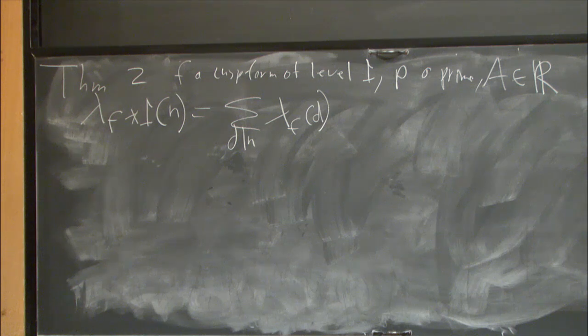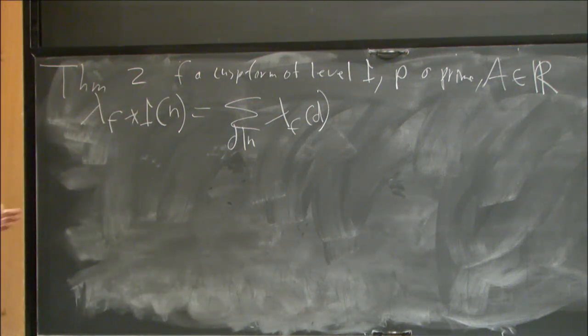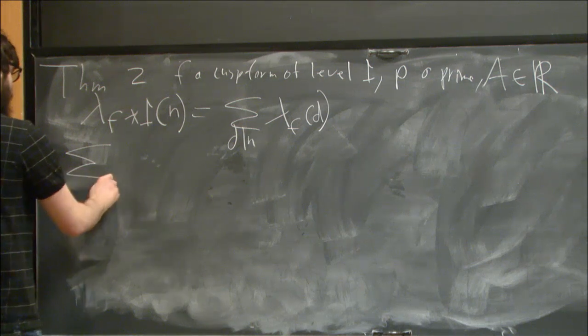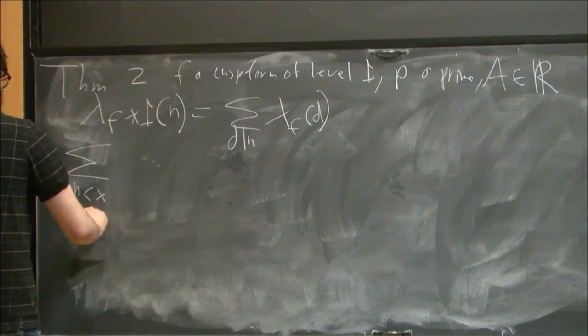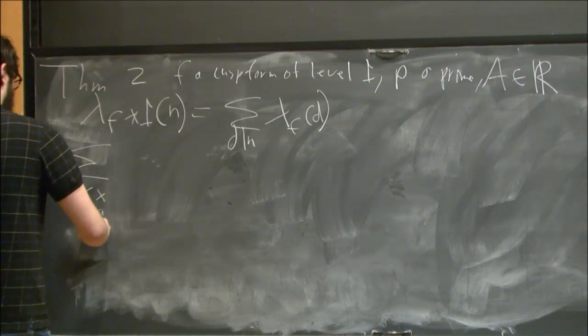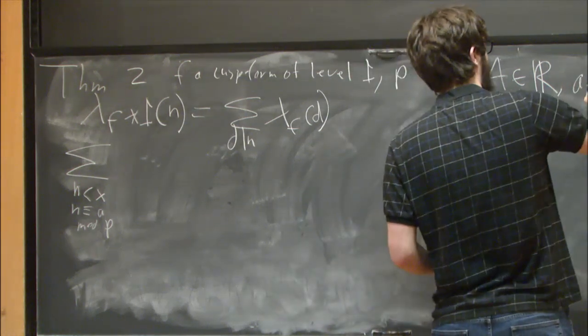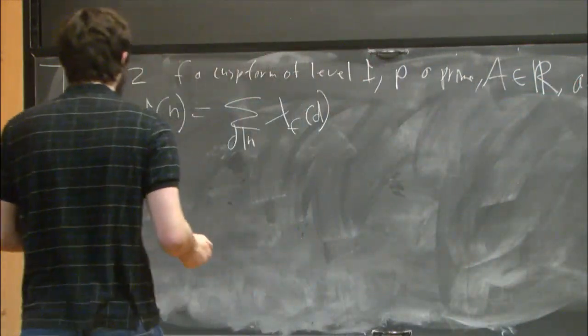And the result we have about this function is a level of distribution result. And I will write it down, and I'll explain where the interest in this result comes from. So it's going to cover what happens when you sum this, I guess I need to have one more parameter, an invertible residue class mod p.